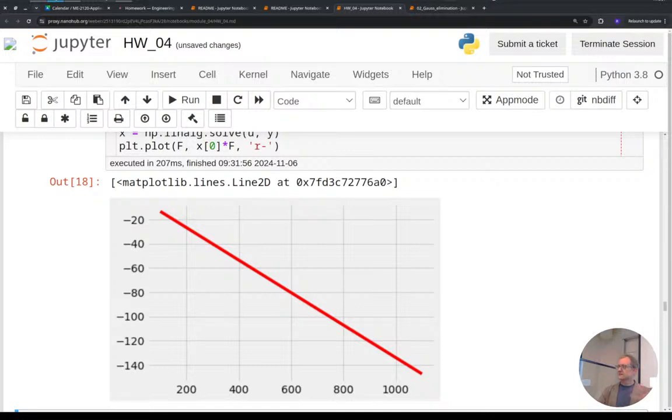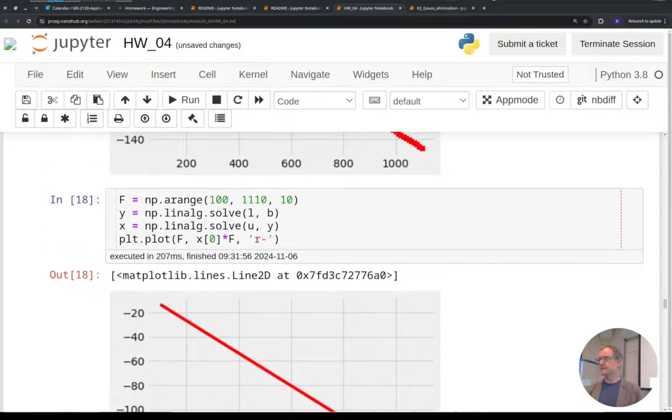Now I get the same exact curve, the same exact straight line, because I'm taking advantage of the fact that if I solve for f equals 1, I can always multiply the output by whatever value of f I want.